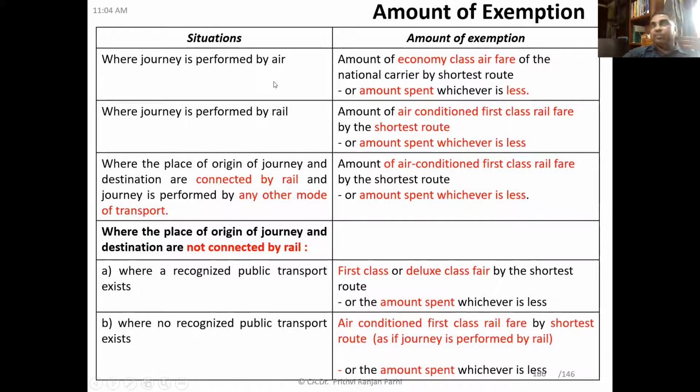If journey is performed by air, if on leave travel, employee goes by air, then amount of economic class fare of the national carrier by the shortest route, or the amount spent, whichever is less, is exempt. If amount spent is less, then that amount is exempt. Okay, or economic class fare by national carrier, or that is by Air India, by the shortest route. You have to see the shortest route.